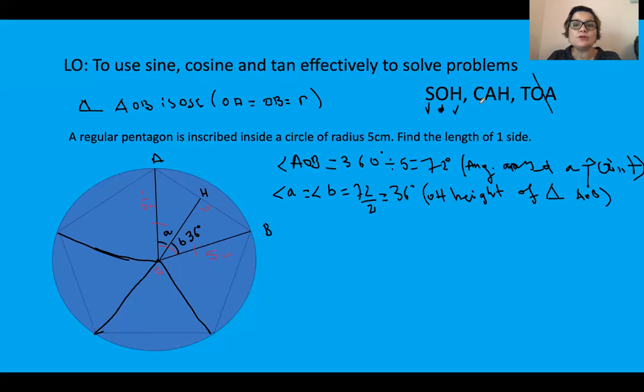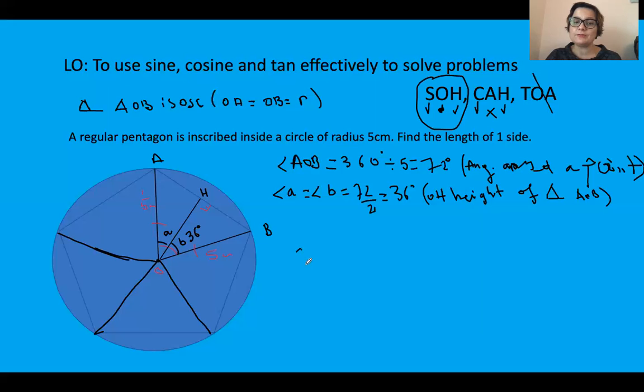For the cosine 36, you can use a calculator, but it is the adjacent, so it's OH. We don't know the adjacent, we know the 5. As I said before, the one with 2 ticks and the unknown, the side that we need to know, is the right one. So in this case, it's going to be the sine ratio.